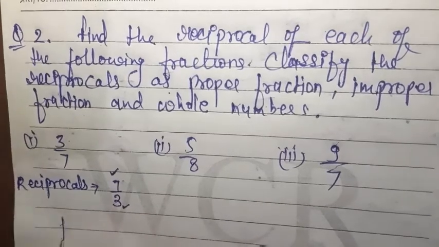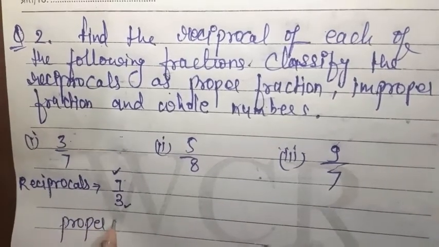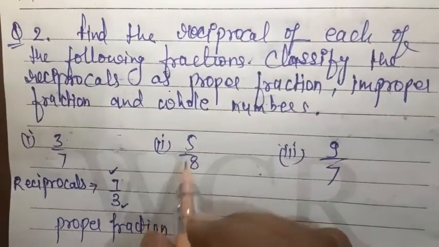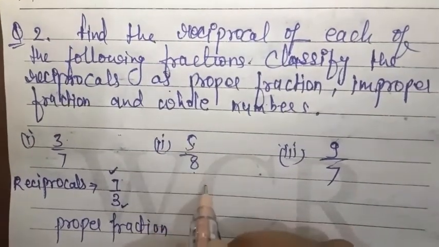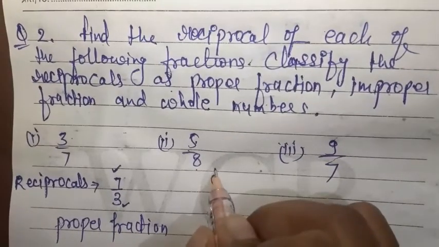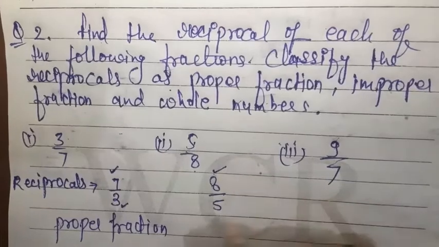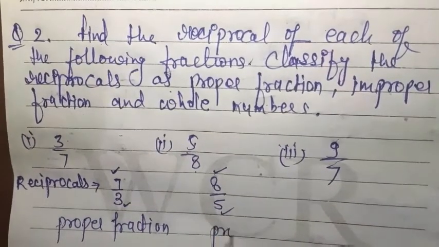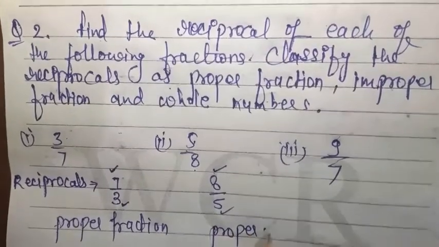That's why this is proper fraction. Now next the reciprocal of 5 by 8 is 8 by 5 and here numerator is greater and denominator is small. That's why this is also a proper fraction.